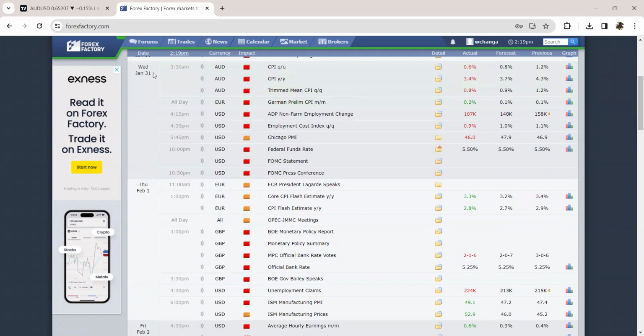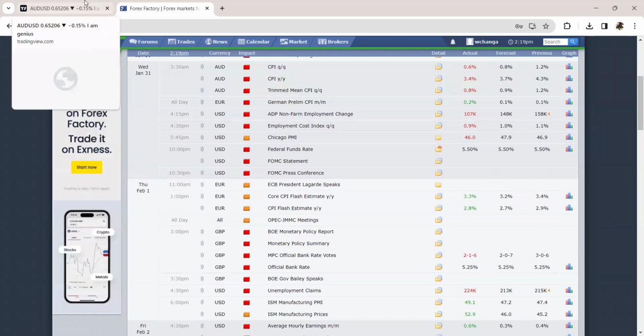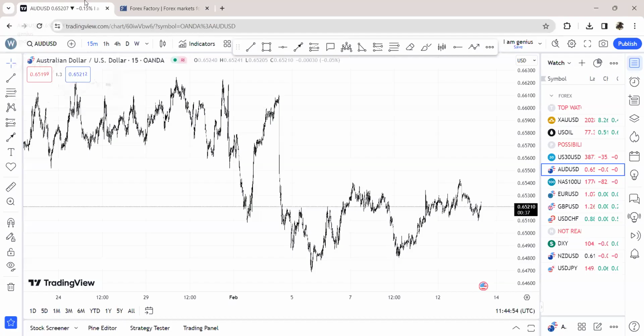We can prove that by just going to Wednesday 31st, at 3 a.m. or so. That was around what time?